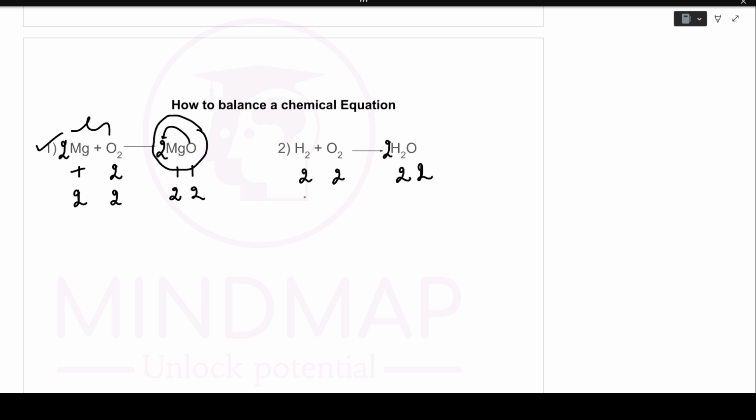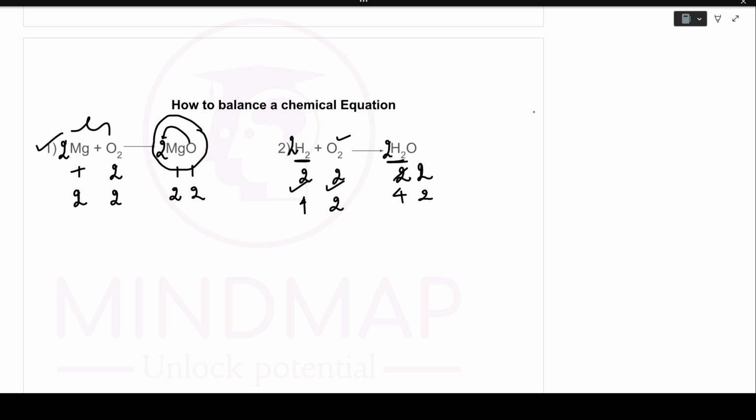Now hydrogen here is 2. Okay. Oxygen is 2. Hydrogen here is now 2 into 2, 4. So how will you make this hydrogen 4 now? We'll write here 2. So it became 4. Now oxygen, this side is 2. This side is 2. So now the equation is balanced.